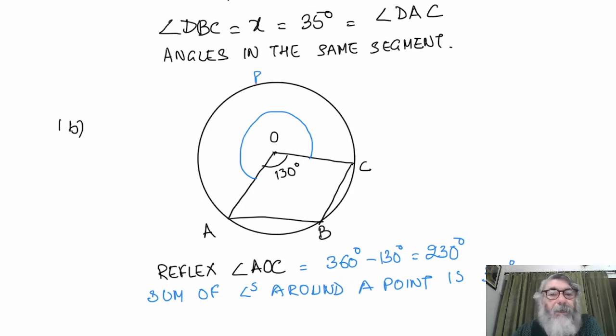Now the arc APC subtends reflex angle AOC at the center. It is not subtending angle AOC at the center. Angle AOC is being subtended by the arc ABC.